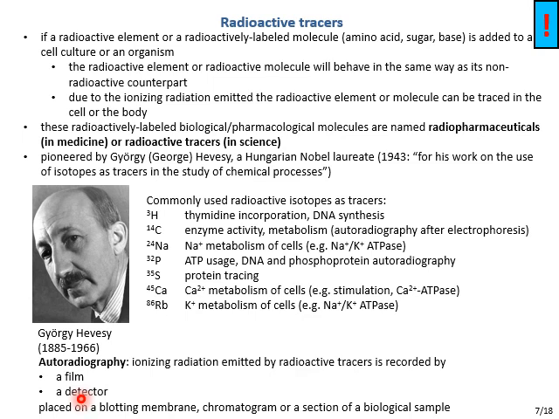This sample can either be a cell culture sample or a tissue section, or if some kind of blotting or electrophoresis followed by blotting has been carried out, then it can be the blotting membrane itself, and the presence of the radioactivity will be shown by the film or the detector.